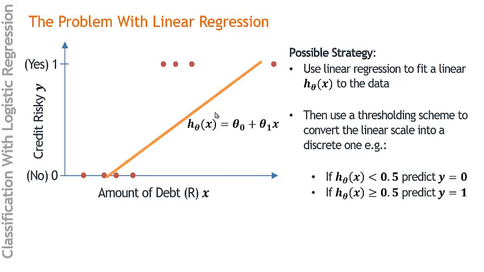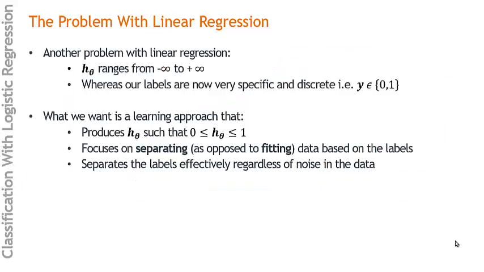So it's too sensitive to individual data points. So this linear regression approach will not work very well to make a classification. And linear regression just doesn't seem to be the right way to go about this. You're creating a function that ranges from minus infinity to infinity, whereas you're trying to assign numbers that are between 0 and 1.